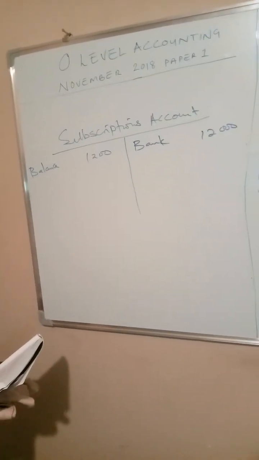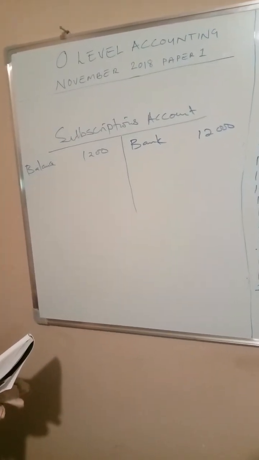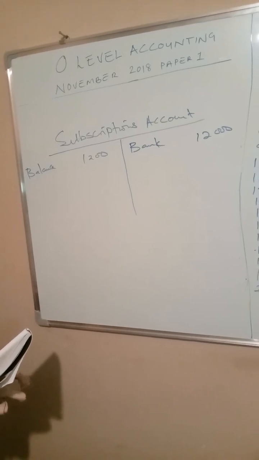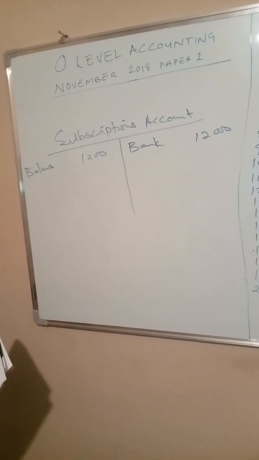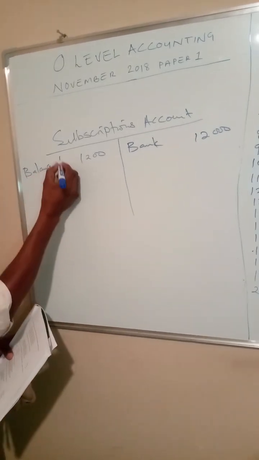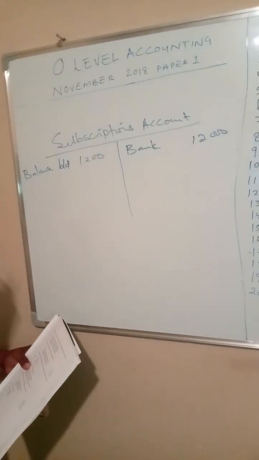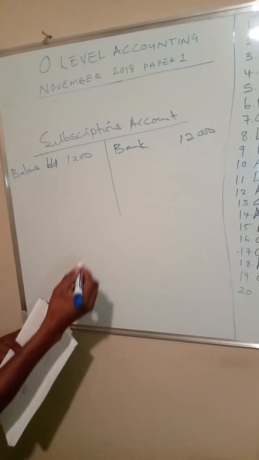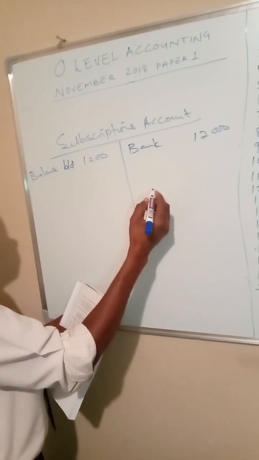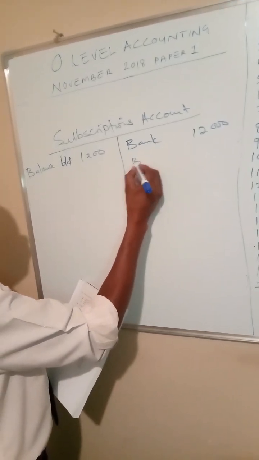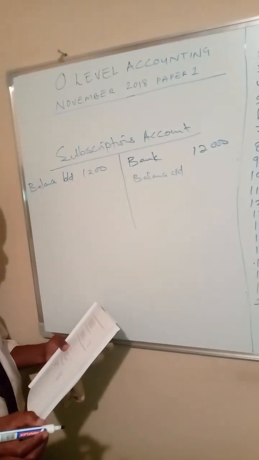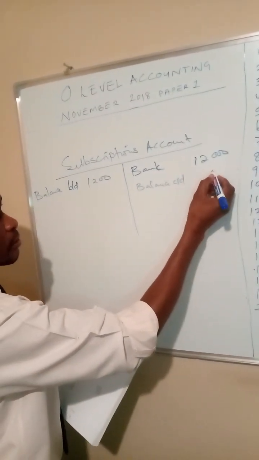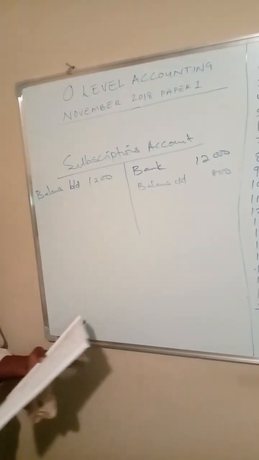We are told that at the end of the year, the subscriptions owing was 800. In order for a balance to be a BD on the debit, it used to be a CD on the credit. So we have a balance CD in the form of the owing, which is 800.